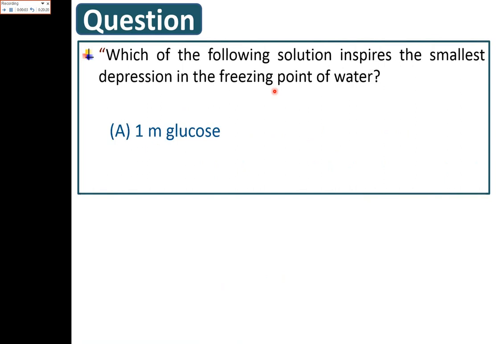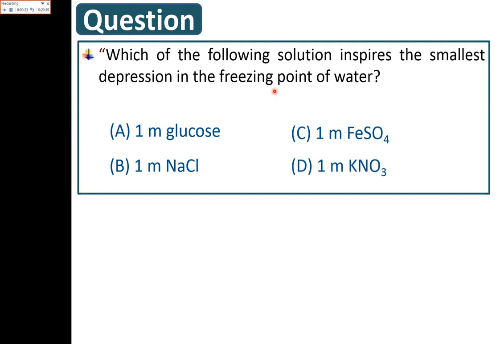Which one of the following solutions displays the smallest depression in the freezing point? We have studied this type of question in the colligative properties of solutions. The selections are 1 molar glucose, 1 molar sodium chloride, 1 molar iron sulfate, and 1 molar potassium nitrate. All of them have the same concentration.